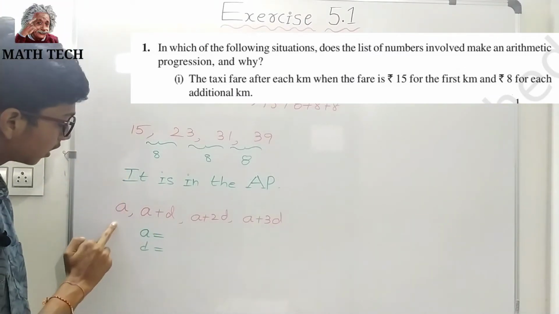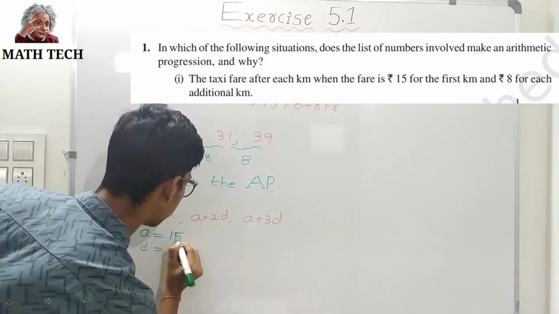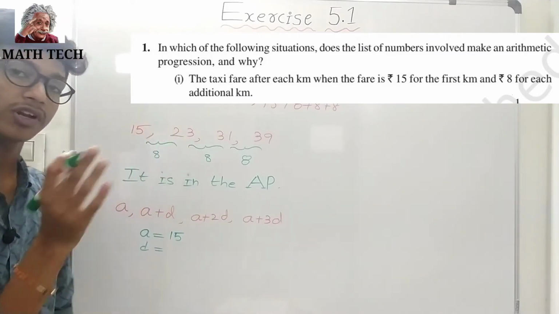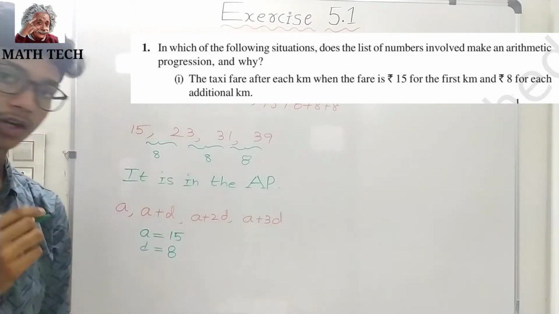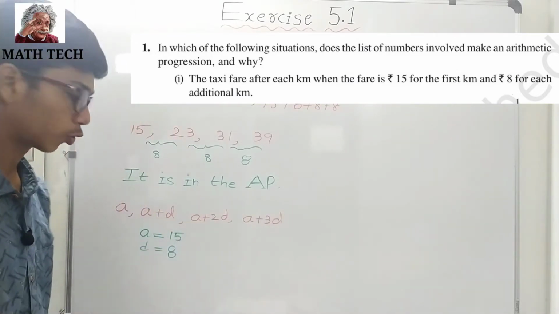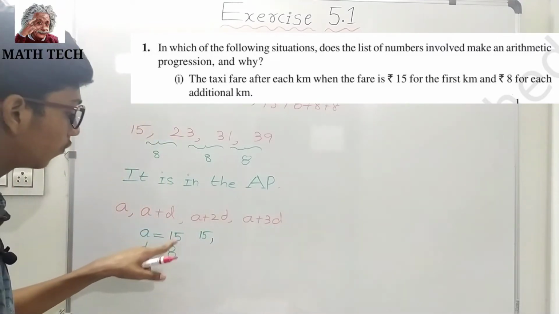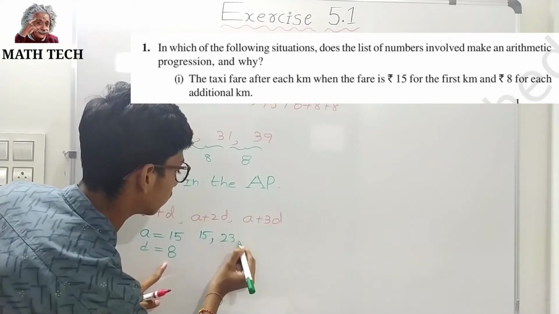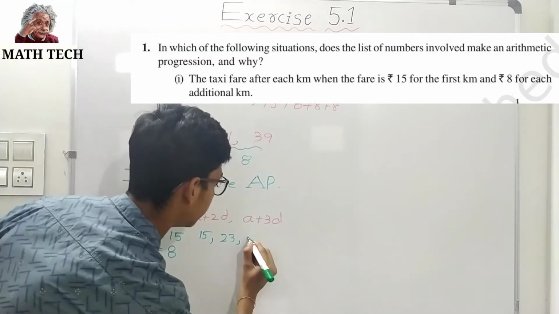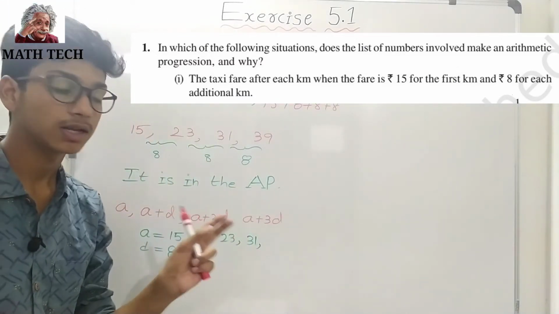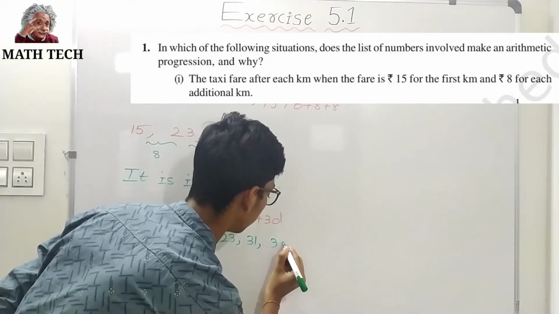And in this series, what is a? The first term is 15, and d, the common difference, the difference between any two consecutive numbers, is 8. Now, in the general form, a is 15, a plus d is 15 plus 8, that is 23, a plus 2d is 15 plus 16, that is 31, and a plus 3d is 15 plus 24, that is 39.